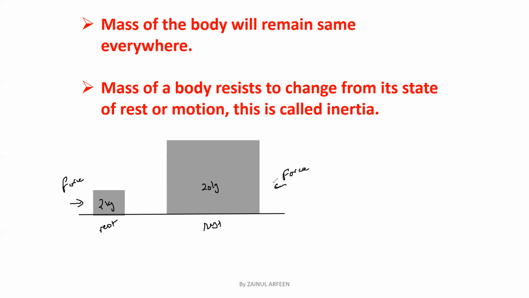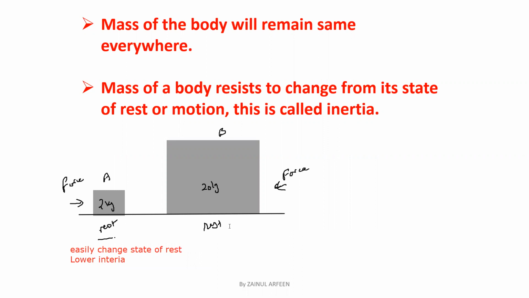Which object is easy to move, A or B? Which box will be easy to move or push? In this example, A will be easy to move, or we can say A can easily change the state, or we can say it has lower inertia.